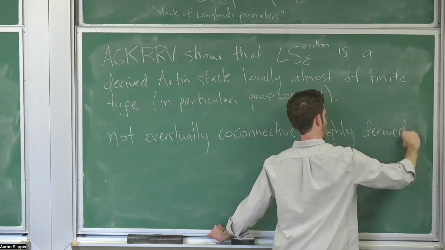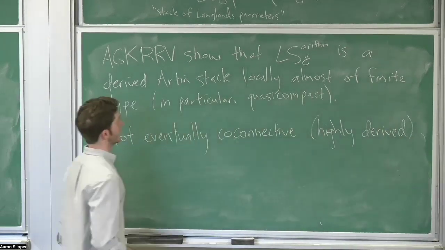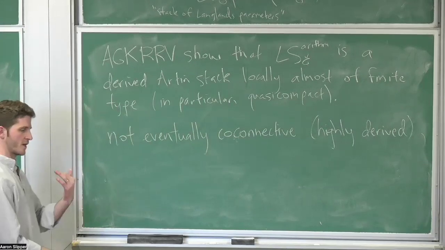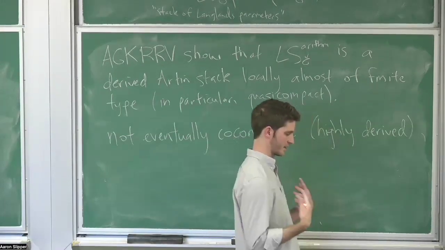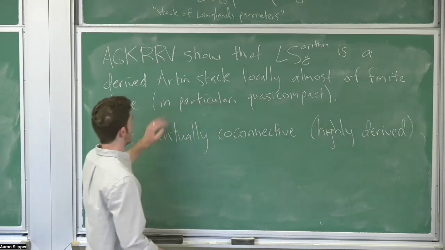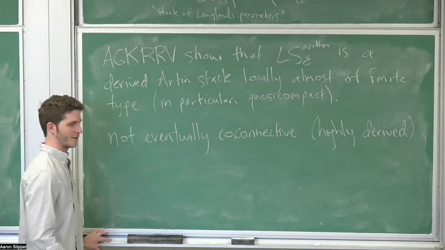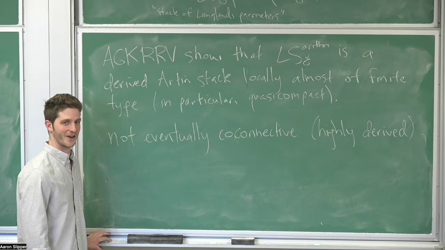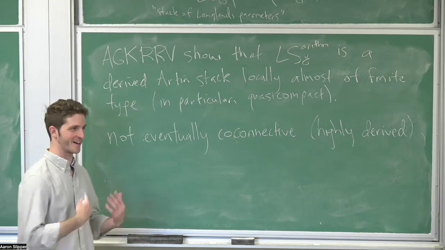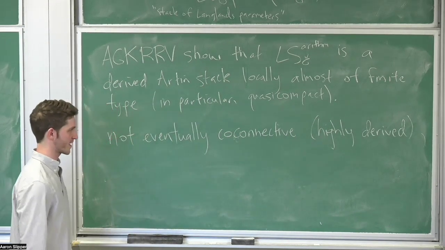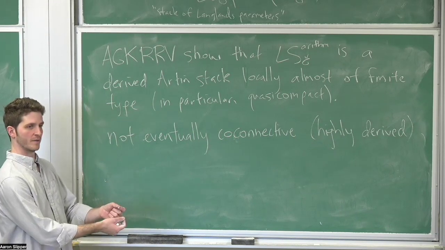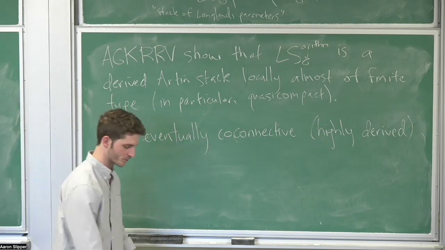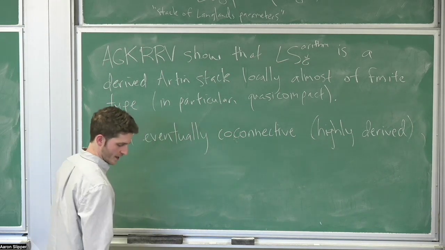I guess there are worse things in the world, but Locsys restricted definitely was bounded, which follows from the fact that it's what's called quasi-smooth. So Locsys arithmetic is what they call quasi-smooth. But such a thing is not eventually coconnective. So you should think a basic example would be like the symmetric algebra on a single generator in degree -2. It's like that type of thing.